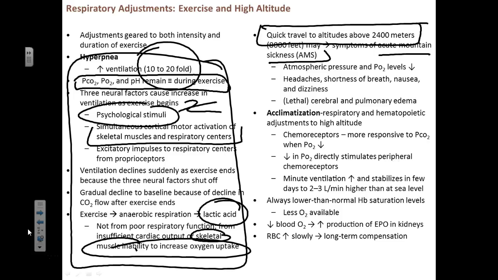Okay? That makes sense? So when atmospheric pressure drops and oxygen levels drop, it causes shortness of breath, most obvious, and dizziness. Okay? Lack of oxygen supply will cause dizziness and actually may cause fainting.